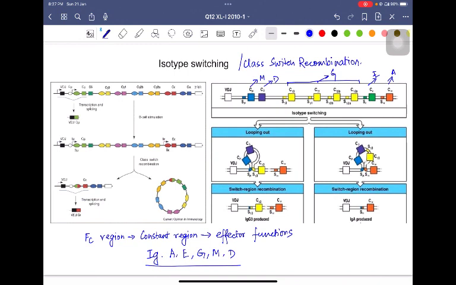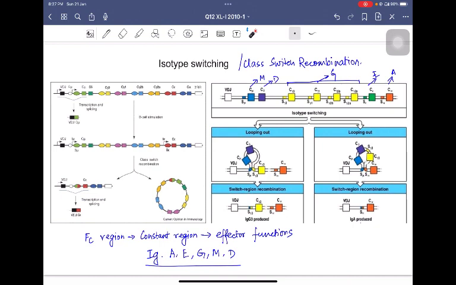So these are the different constant regions, and they are all in a stretch of DNA in a single gene. These genes are all together on a single piece of DNA, and what happens is that recombination occurs. There are these switch regions.